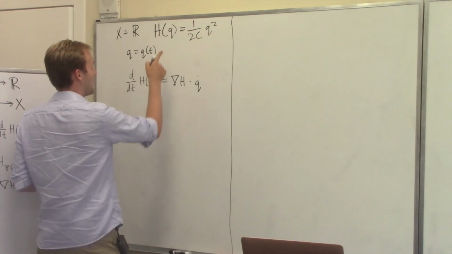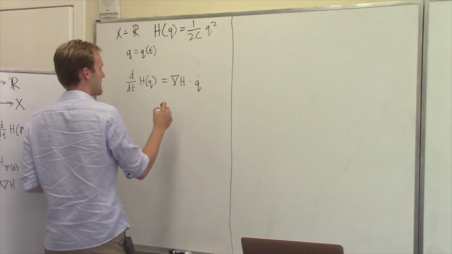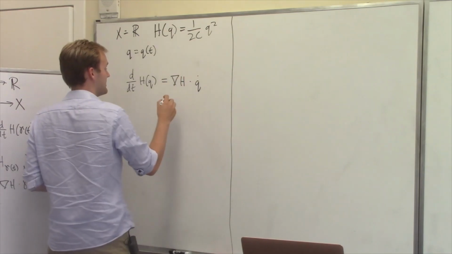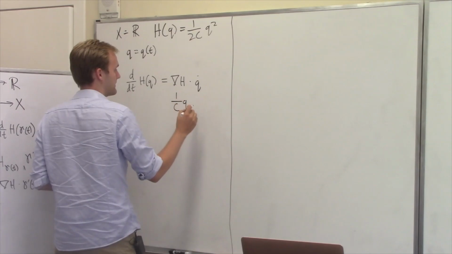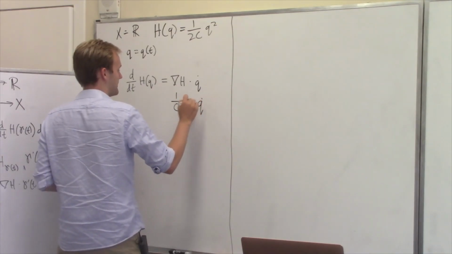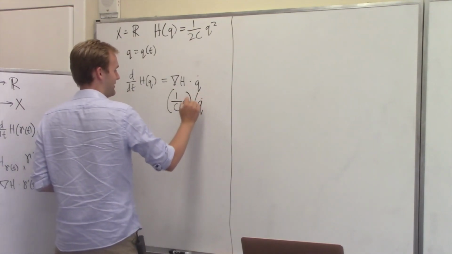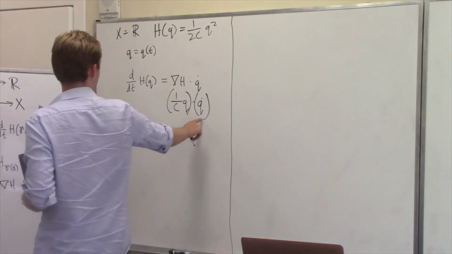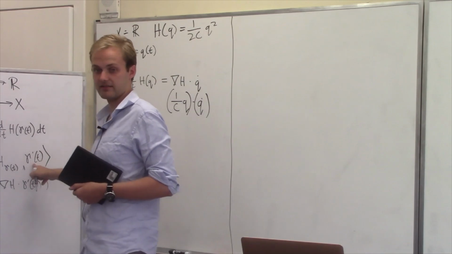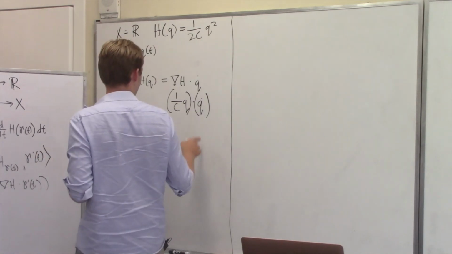And what is grad h here? Well, grad h is just 1 over c times q, and then q dot. So this is like dh. This is the derivative of gamma.